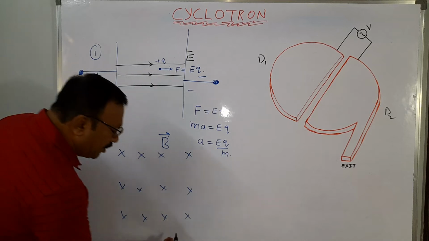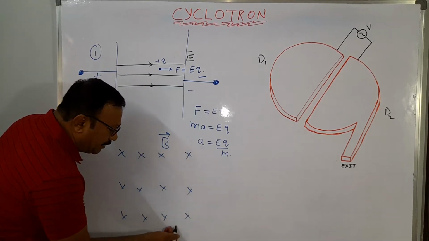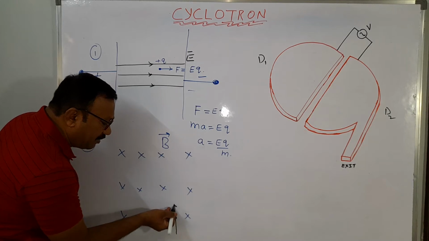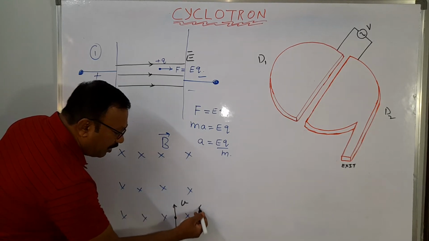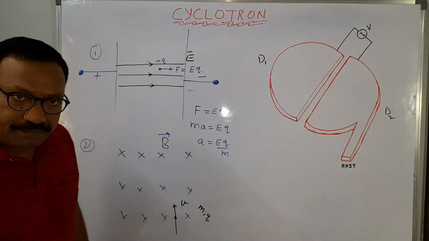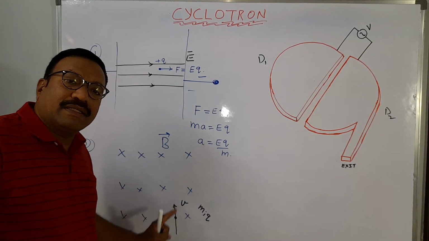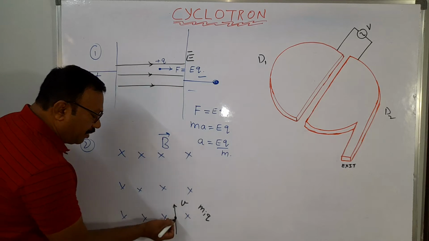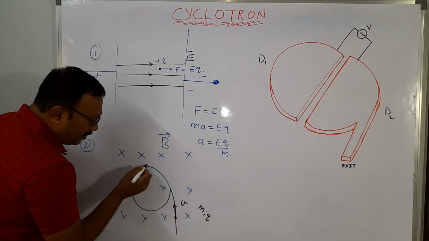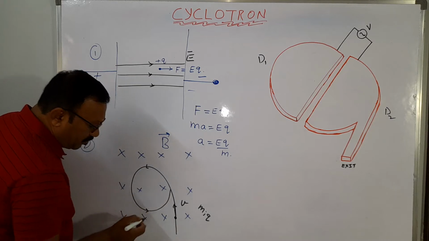Now let us say a charged particle has entered the magnetic field perpendicular to the magnetic field with a velocity V. Charge and mass are Q and M. So when a particle enters perpendicular to the magnetic field, it moves in a circular motion.